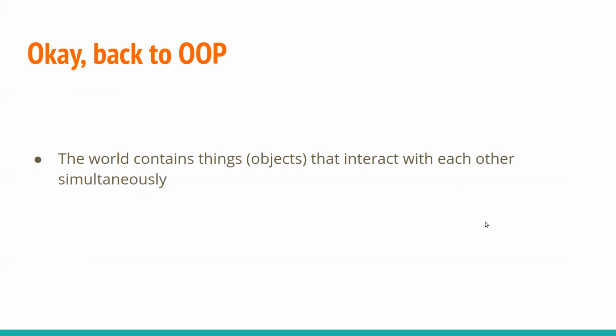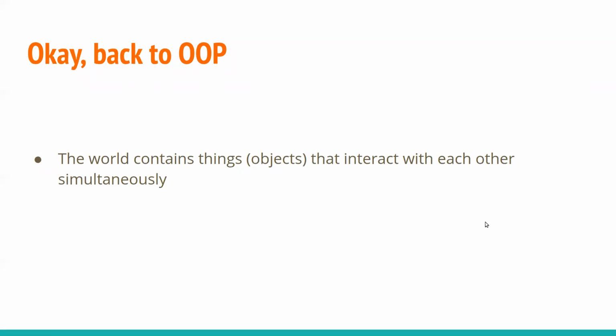So we have this naive definition of the world: it contains a bunch of things, which we're just calling objects, that interact with each other simultaneously. And our goal with object-oriented programming is to somehow incorporate that idea of objects interacting with each other simultaneously into the code that we write.